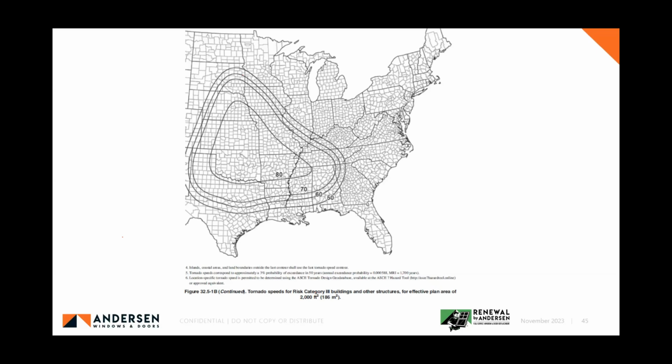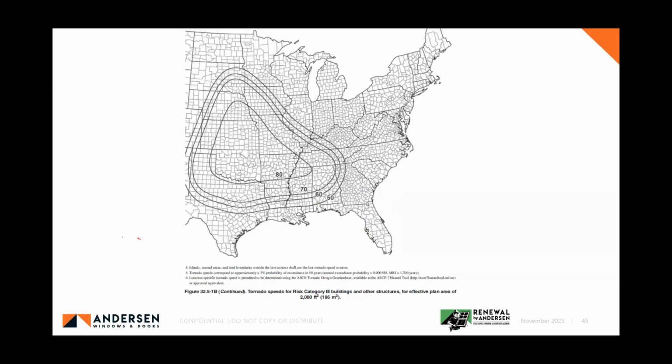Our tornado speed contour is 60 miles per hour. Everything outside of the 60 mile per hour contour is exempt from tornado design. So all of Florida is exempt from tornado design when your effective plan area is 2,000 square feet.